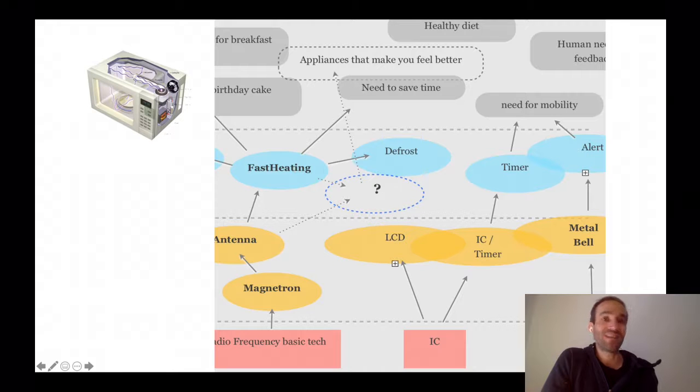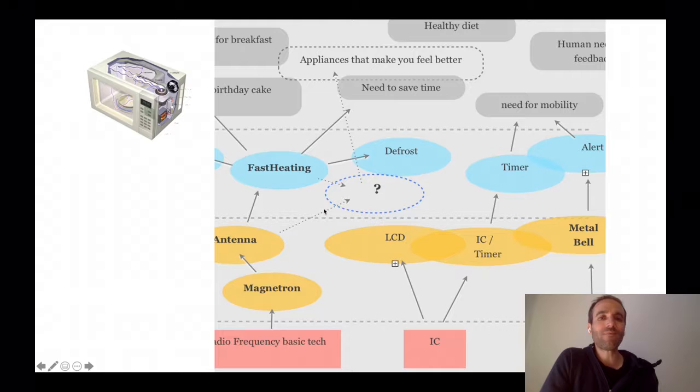Waiting 30 seconds instead of 30 minutes to make the milk hot. Cooking, breakfast, sometimes healthy diet, right? So how do we innovate the microwave?